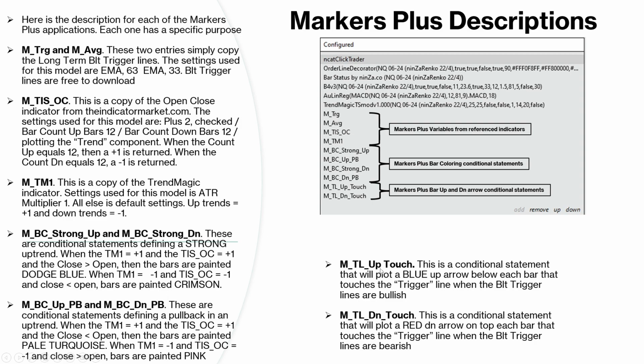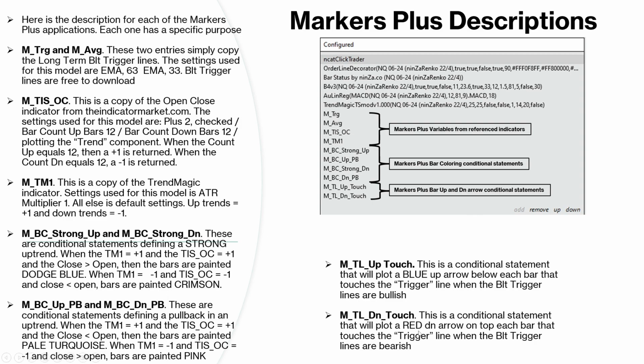So now I've got another set of condition statements in here for the trigger line touch. Trigger line touch is another setup we're watching, and I wanted to code this in here without putting the trigger lines on the chart. So what I've asked markers to do is whenever the trigger lines are bullish and the low is less than the trigger line, then I want bullish up arrows.